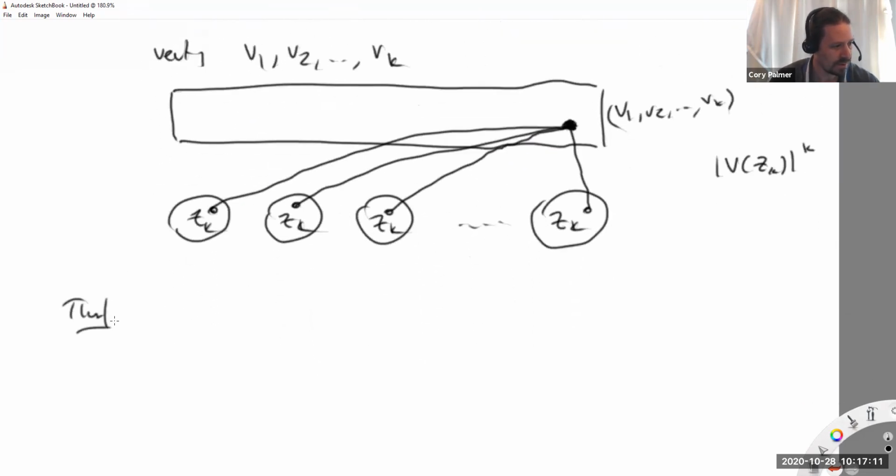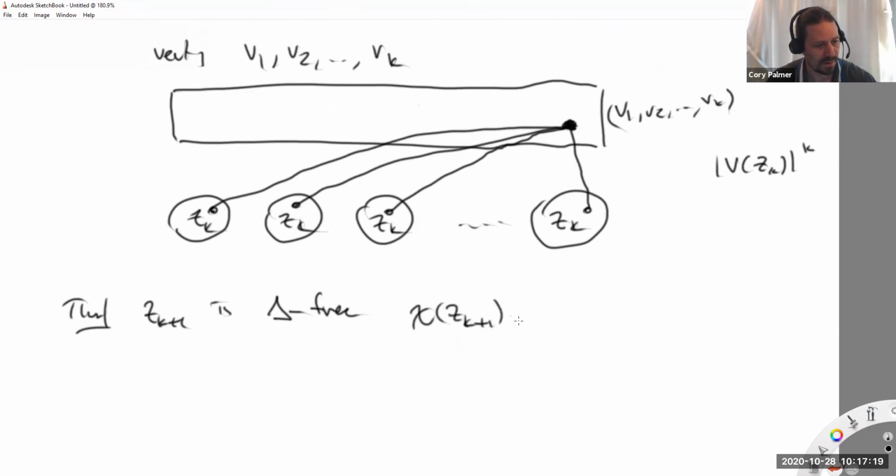Okay, so the theorem is that this graph Z_{k+1} is triangle free, and the chromatic number of Z_{k+1} is k+1. The proof, this one will be by induction on k, no surprise here.